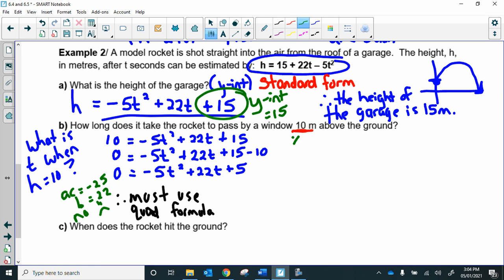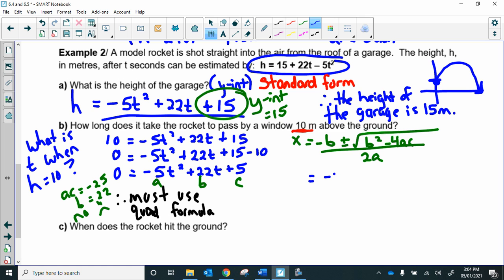The quadratic formula is x equals negative b plus or minus the square root of b squared minus 4ac all over 2a. Our a value is negative 5, our b value is 22, our c value is 5. Let's start subbing in.